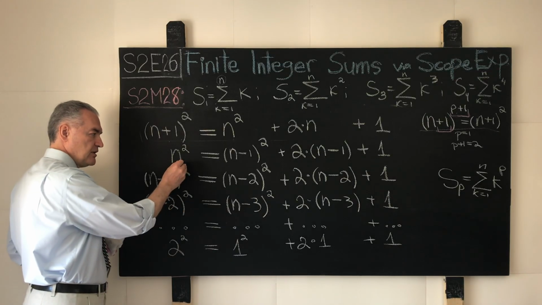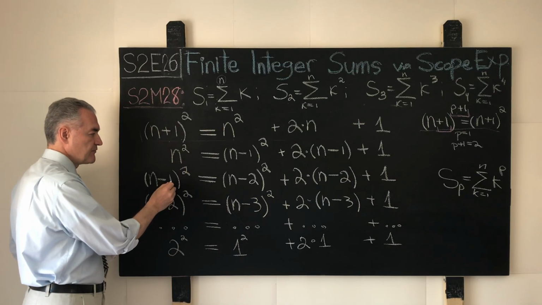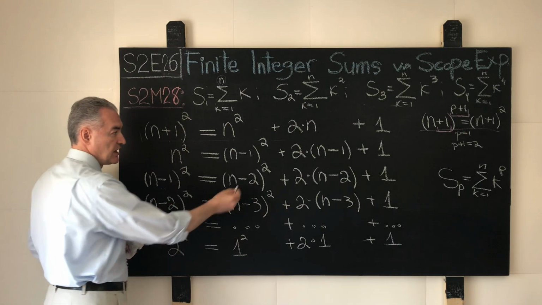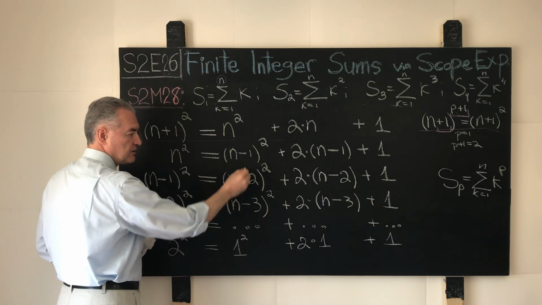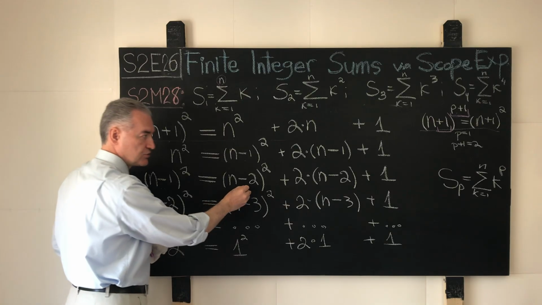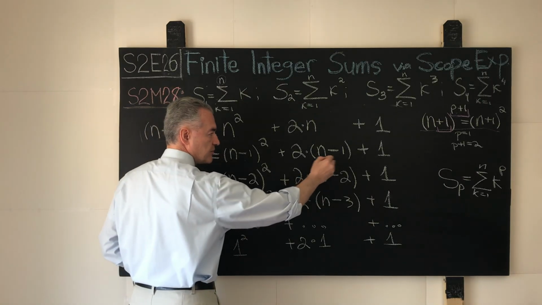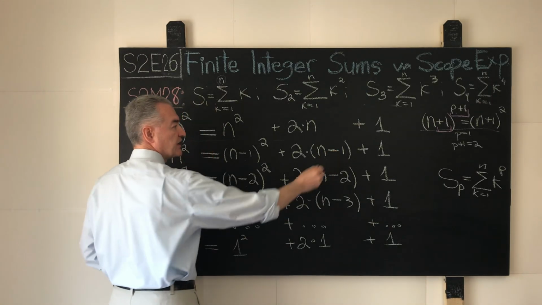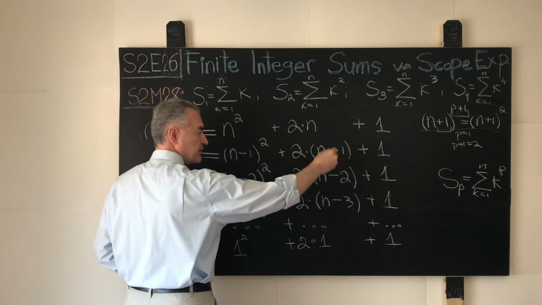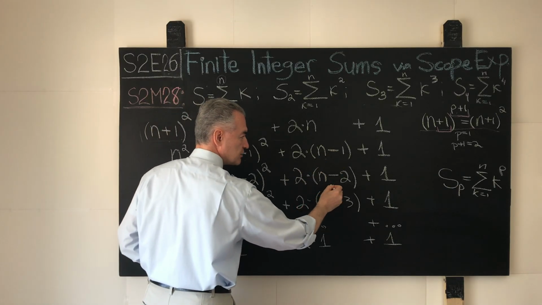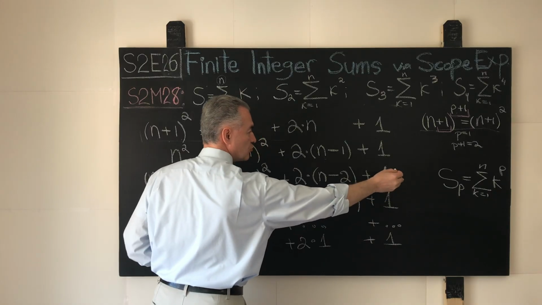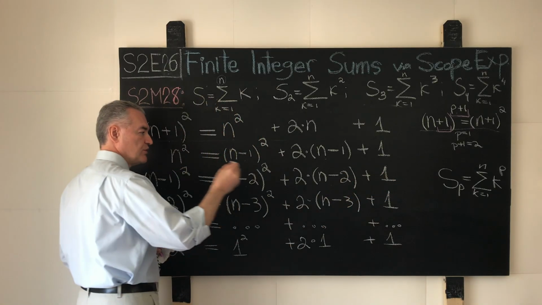What used to be n in the previous expansion becomes what? N minus 1 in the next one. Here it used to be n minus 1, now it becomes what? N minus 2. Again, here something used to be n minus 1, replace n with n minus 1, minus 1 and minus 1 minus 2, n minus 2, move on to the next summand, no more variable material, we stop.